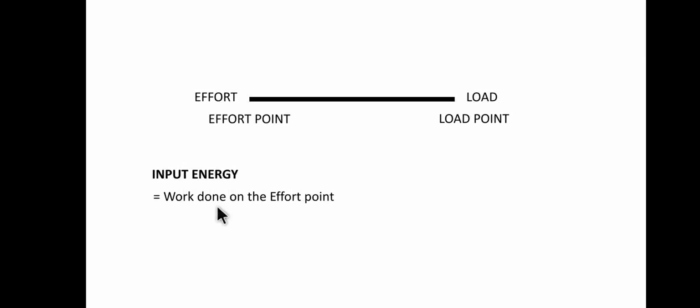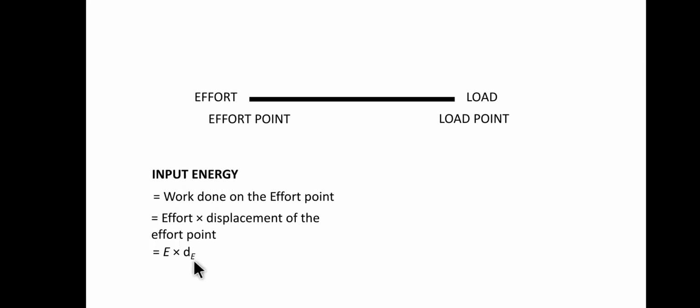So work done in this case will be effort, that is the force, into displacement of the effort point. This can be represented as E for effort multiplied with DE. DE represents displacement of the effort point.